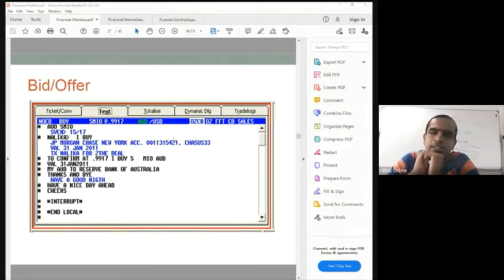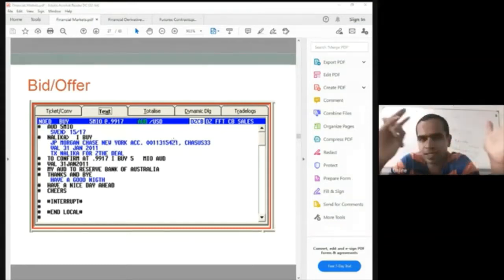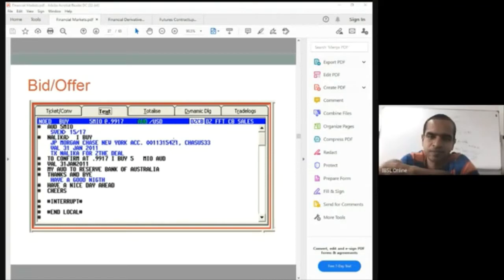But when it comes to foreign exchange transactions, bond transactions, any treasury related transactions, millions of dollars are dealt with within a few seconds. Everything happens on a screen like this, basically a chat screen.